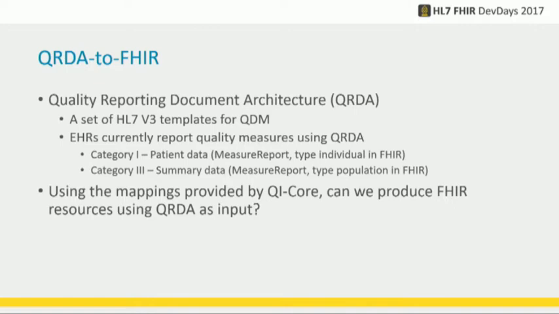But category 1 would mean that you're actually translating the patient's data from the QRDA representation into FHIR resources. So the idea is, can we leverage some of the investment and infrastructure that existing EHRs have to produce QRDA to get some of this data? That's the question there.